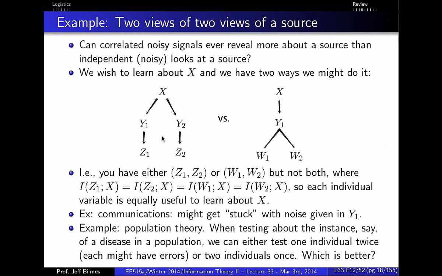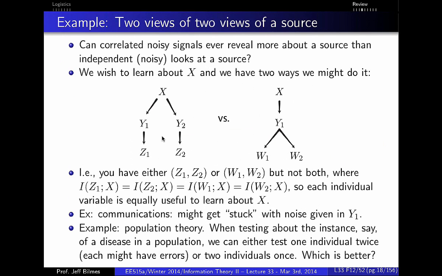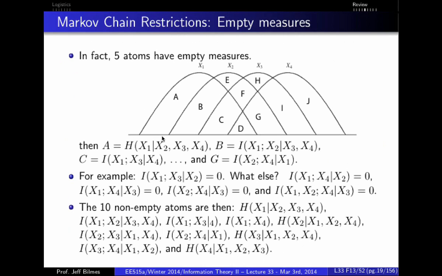This decision as to which one is better depends on this information amongst three random variables. Which might seem surprising, but maybe it's not, because when you try to answer something generically, you say, well, wait a second, it depends, and then suddenly it makes sense.